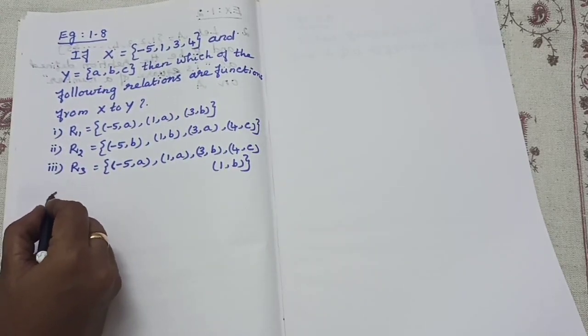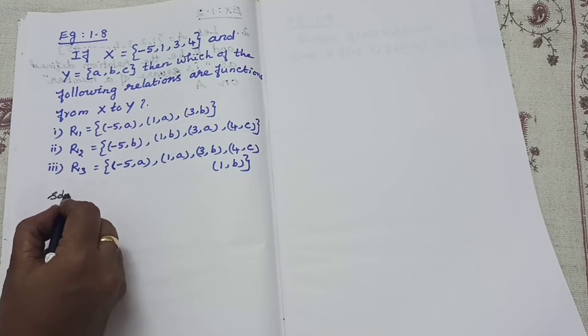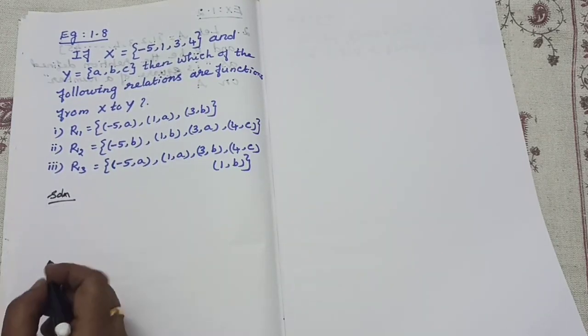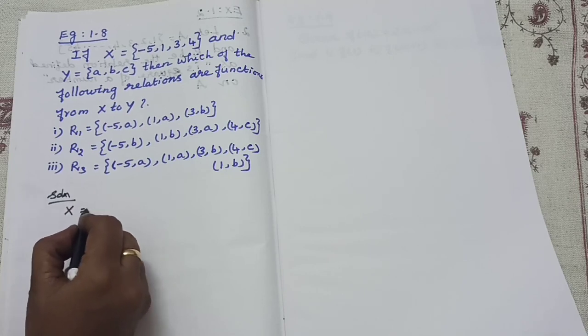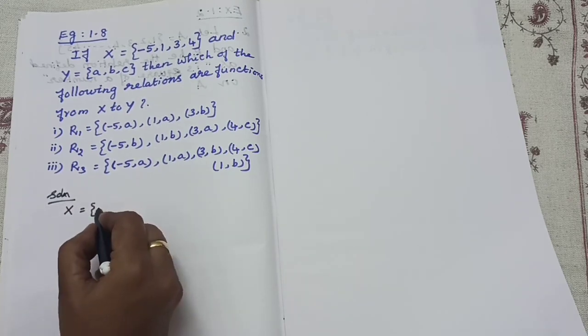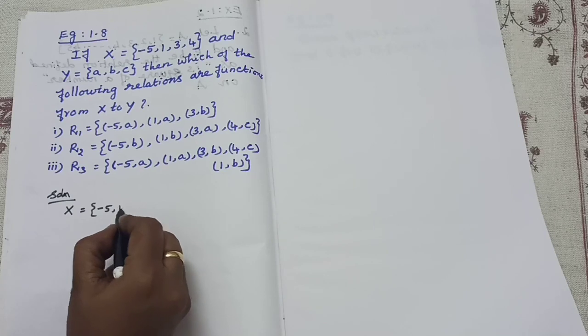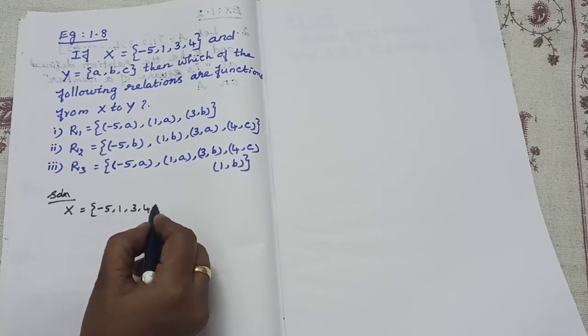Then first one, solution. What is given we have to write: x equal to set of minus 5, 1, 3, 4.